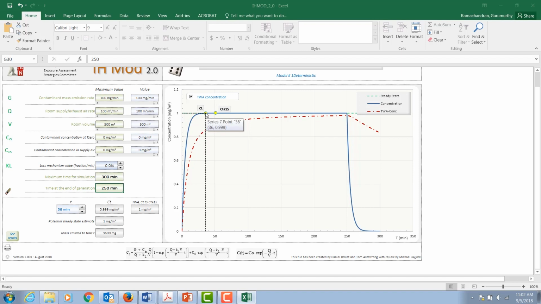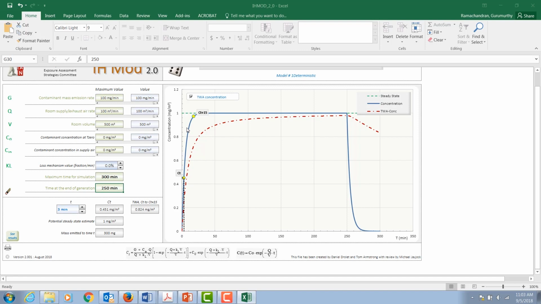One is this ball here moving along, which is the C at t, and if you look at the C(t) box here, that's 0.999 or almost 1 milligram per cubic meter, and we can see it's reaching steady state. We can also go down and you can see at very low values, at t equal to 3 minutes, the value of the concentration is 0.451 milligrams per cubic meter.